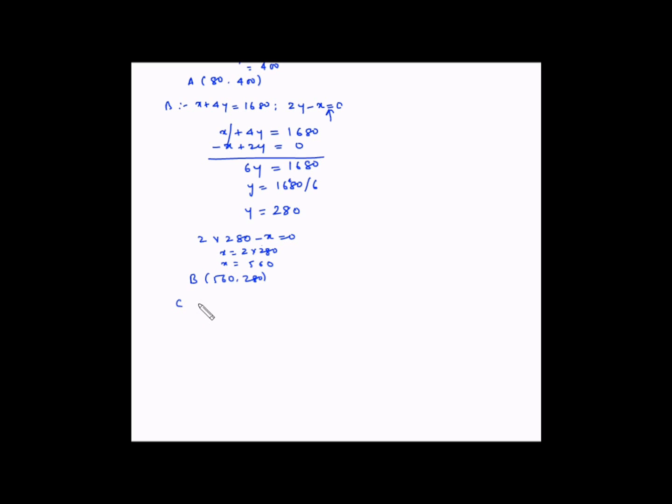Now point C lies on the intersection of 2y minus x is equal to 0 and y is equal to 60. So let's put y in this equation. So 2 multiplied by 60 minus x is equal to 0, or x is equal to 120. So the coordinates of point C are 120 and 60.